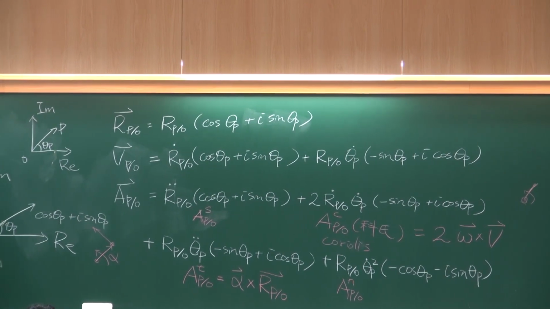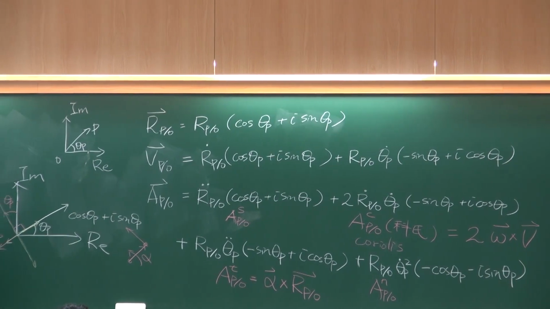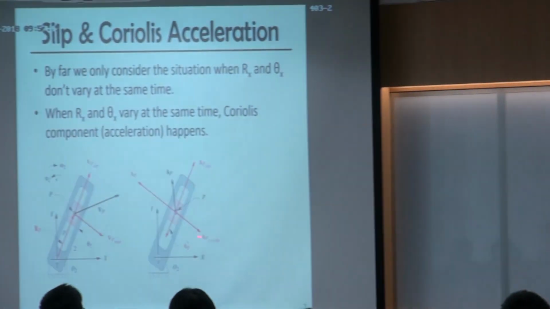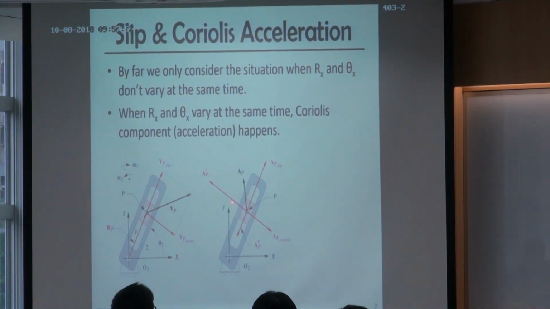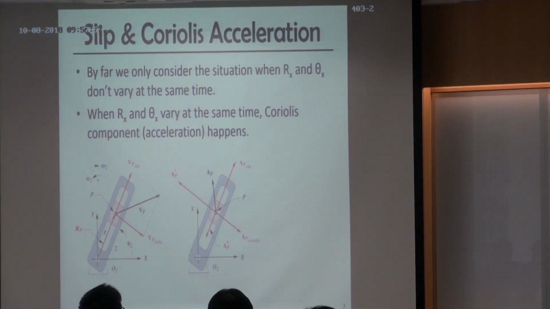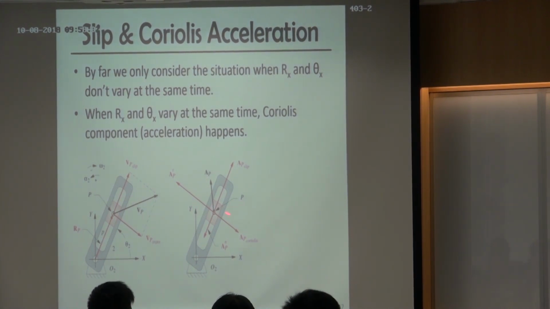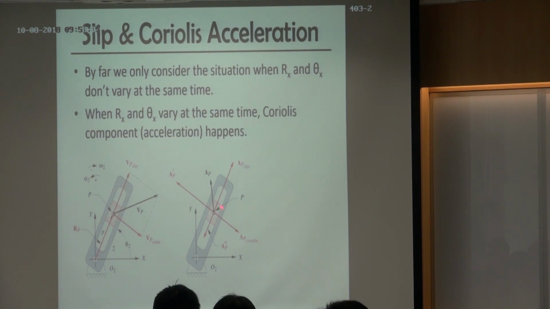So the direction is not always the same as this one. It may change. Only the centripetal is always pointing in this direction, but the rest might be reversed. They don't always point in totally different directions. This Coriolis may have the same direction as the tangent, but they can only be perpendicular to this direction.